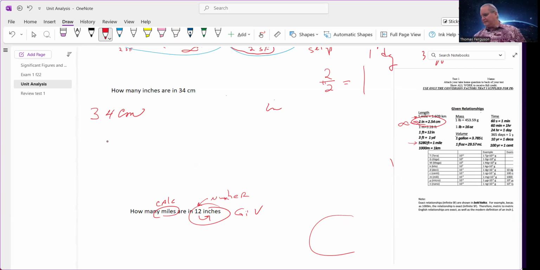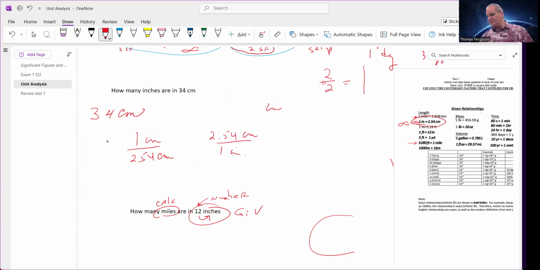So we have the conversion factor over here. We have 2 of them. Remember, 1 inch is equal to 2.54 centimeters. So those are equal. That's why we can flip them to the inverse.